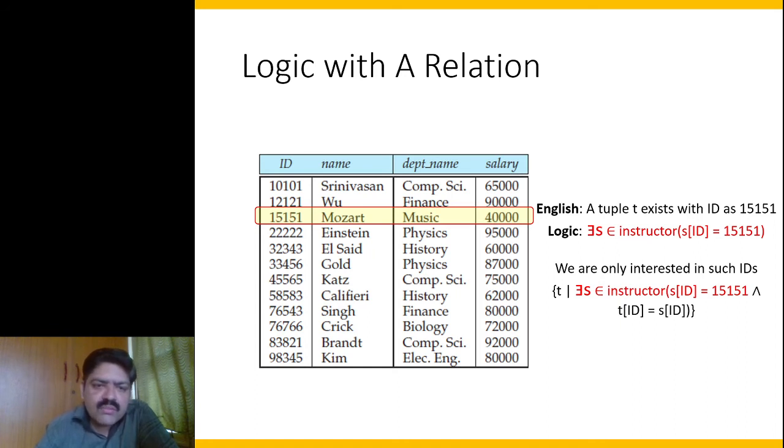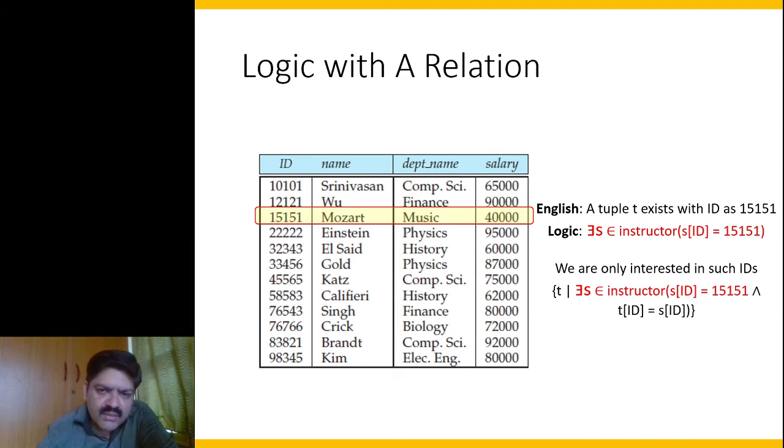Okay, so let's assume this table is given to you. A tuple T exists with ID as 15151 in this table. Now, let's say I'm interested in this expression. So this is what we would write. There exists an S belonging to the instructor table such that S of ID is 15151.